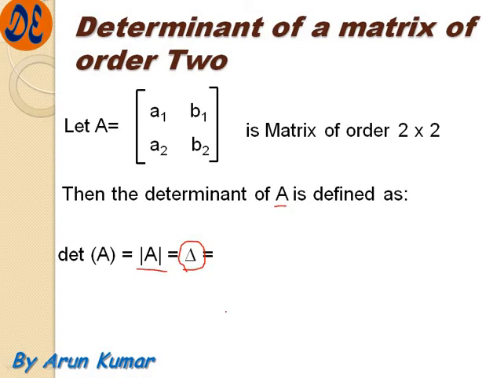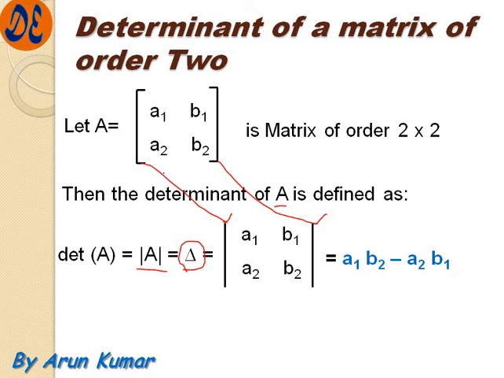This is the straight line, because if you are using a square bracket, then it denotes the matrix, and if you use a straight line, then it denotes a determinant. Okay. So the value of this determinant will be a1 b2 minus a2 b1.